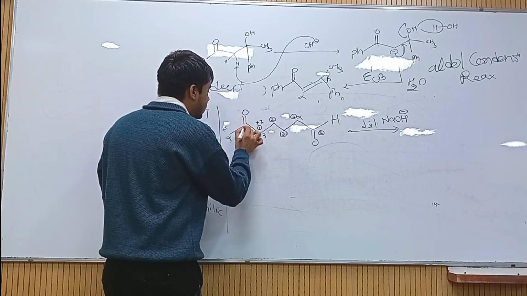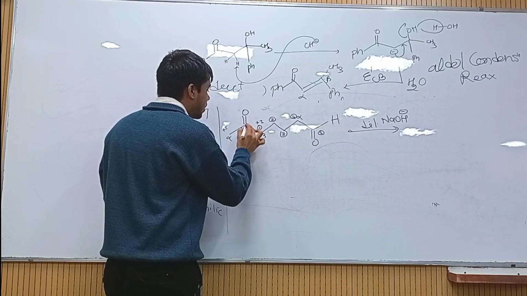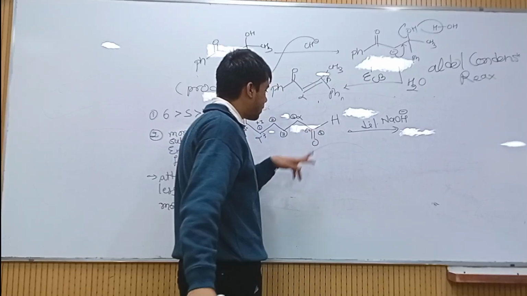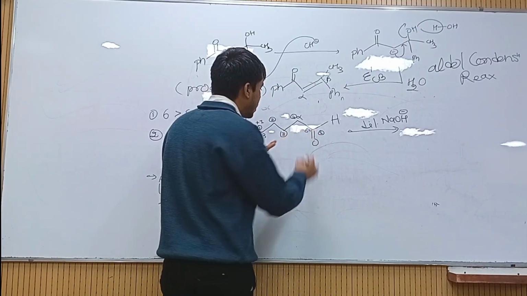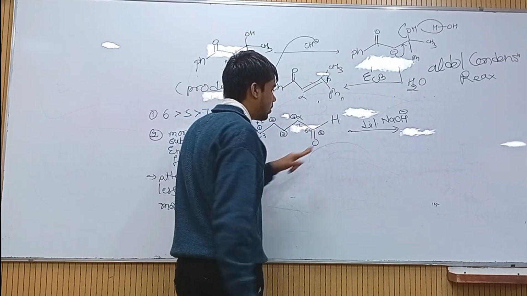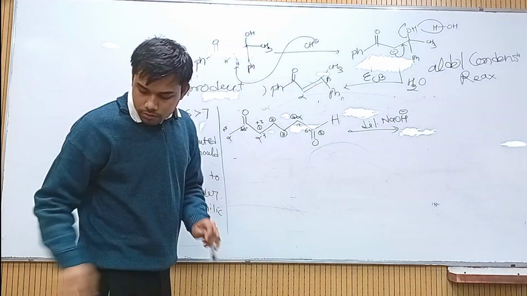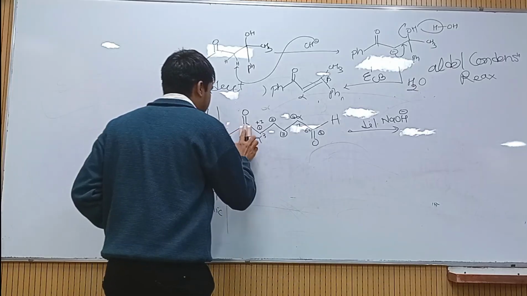So there will be less positive charge in ketone, while in aldehyde we will have more positive charge at that carbonyl, because the inductive effect will be only from one side. Hydrogen will not have that significant inductive effect. Okay. So we have our answer.